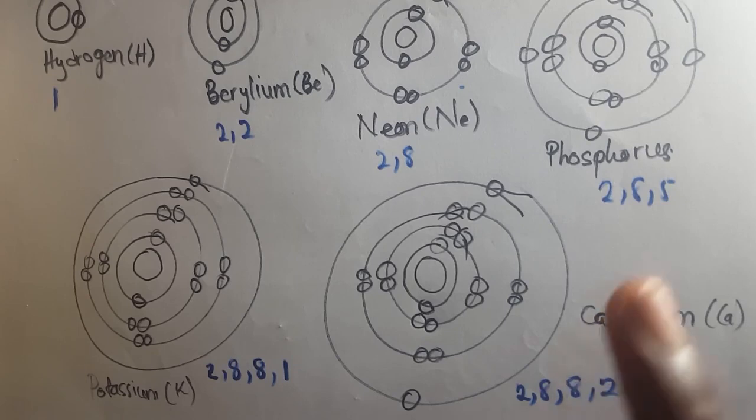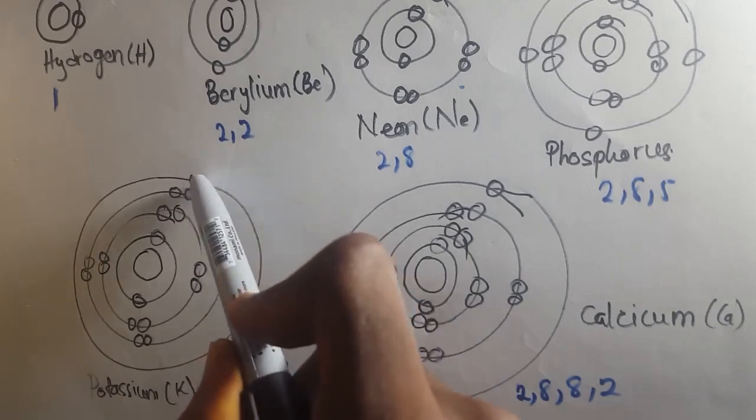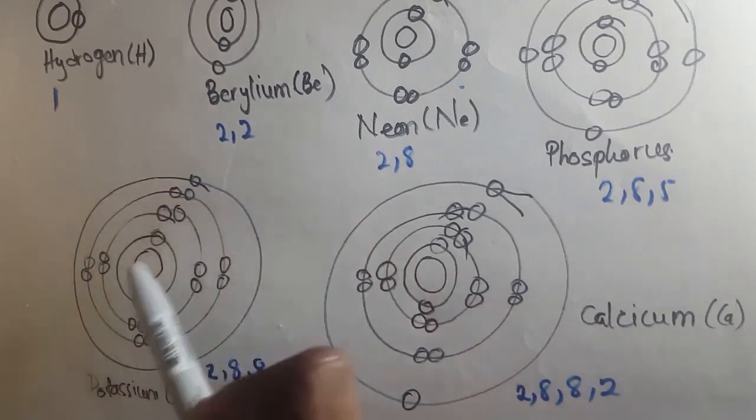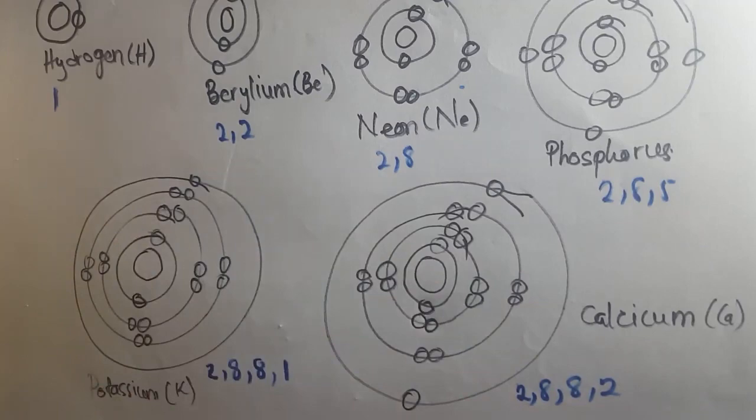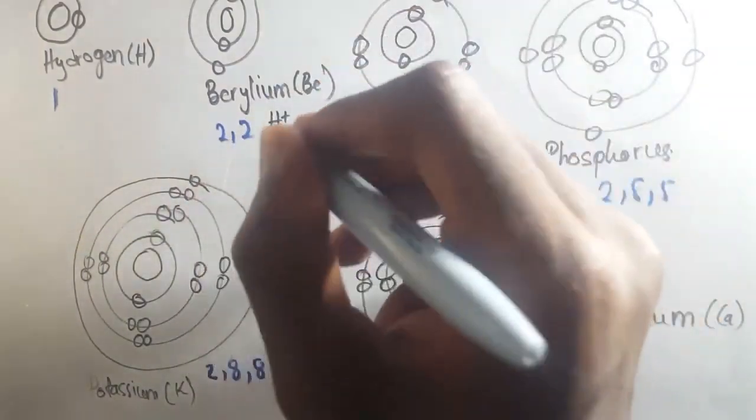So this is just something simple to make you understand how electron configuration is done. And I also told you to take note of what you have on the shells are called electrons. So let me just try to do something over here. Let's say you have H+. I'm told to draw the electron configuration for H+.